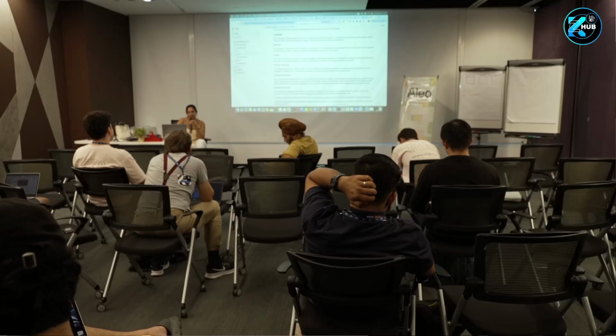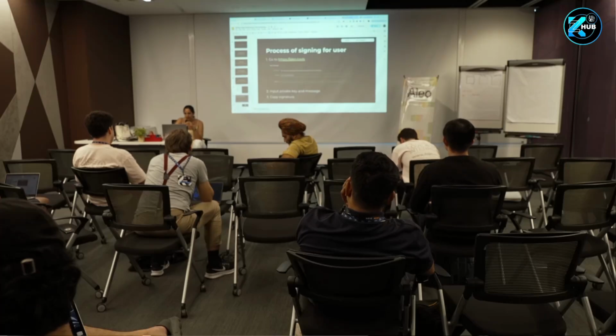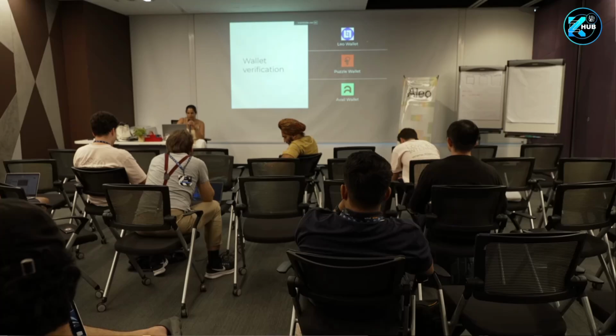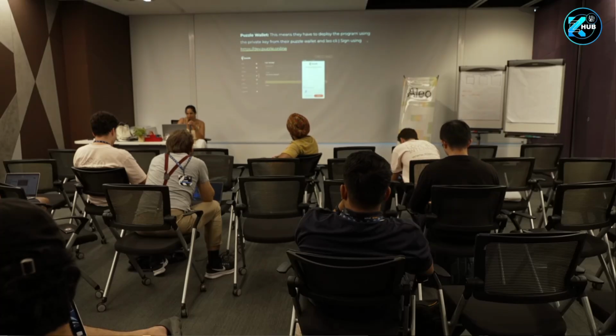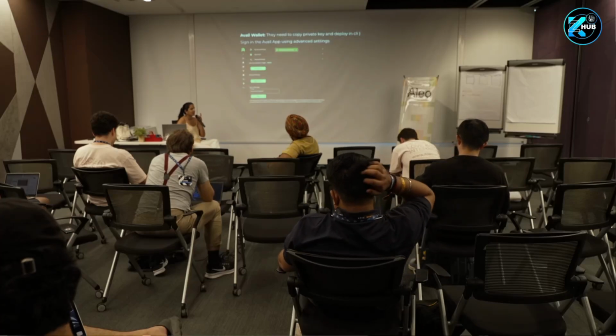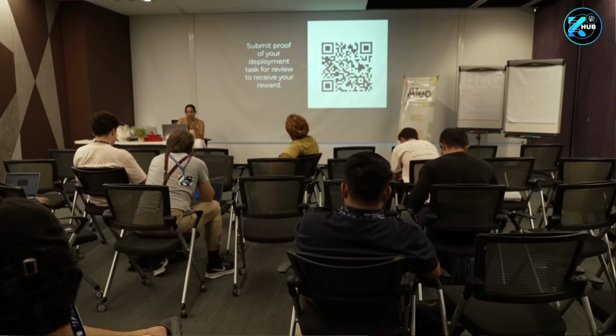For Leo, we have a Discord service through which you request it. So coming back here, Leo Wallet, you're already aware how to request it. Puzzle Wallet looks something like this, and Avail, I mean all of them are pretty straightforward UIs, so it's just your preference of what you want to go with.